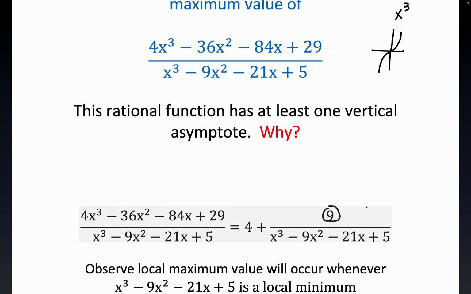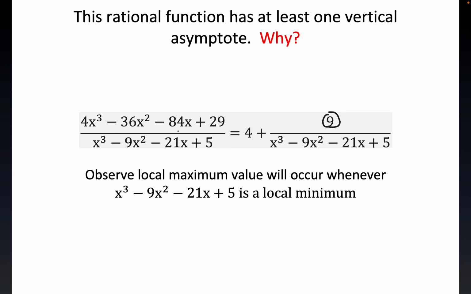Now, another key observation is that the local maximum of the entire expression will occur whenever this denominator is at a minimum, and that's certainly clear. Whenever this denominator is as small as it can be, this particular fraction will be as large as it can be. And the 4 is just a constant. It's always going to be there.